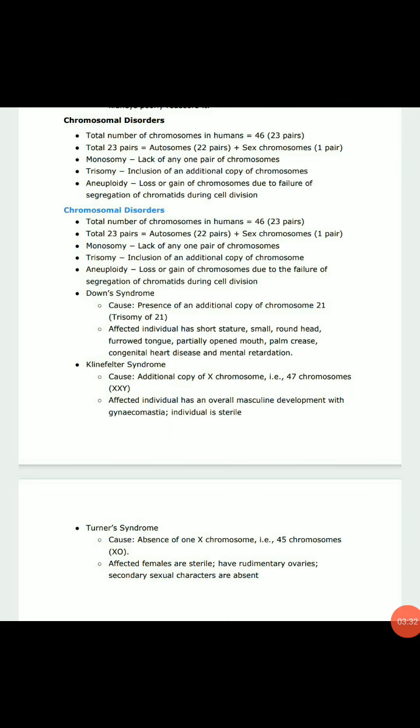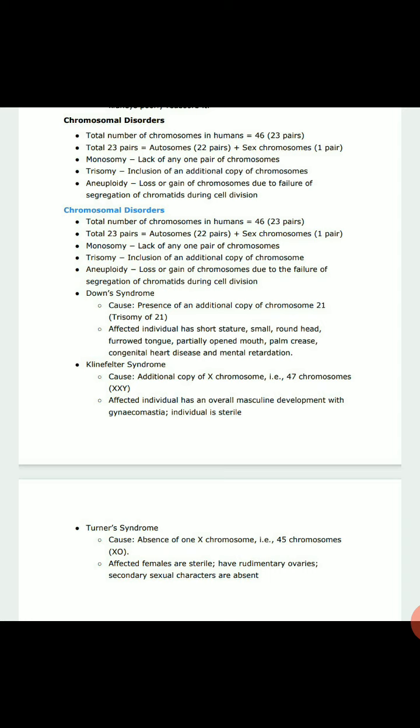So now chromosomal disorders. Chromosomal disorders are due to any abnormality in the chromosomes. And always remember, children, when we have to find out the abnormality in the chromosomes, it can be done with the help of karyotyping, in which bands of chromosomes are formed, and we can easily find where duplication or lack of chromosome takes place.